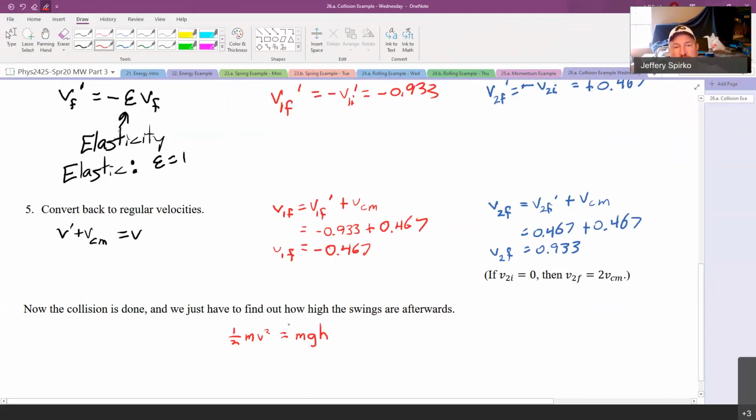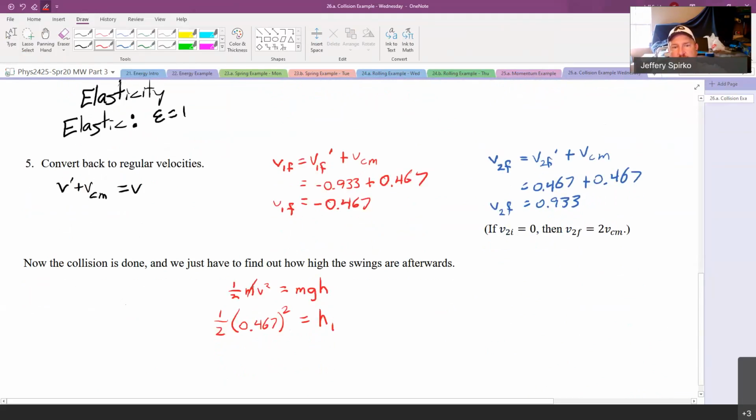So the m's cancel and we do 1/2 of 0.467 squared equals h1, and let's cancel the m and divide the g under the other side.